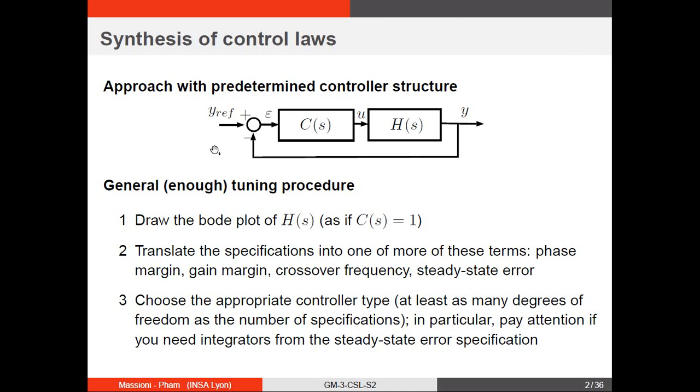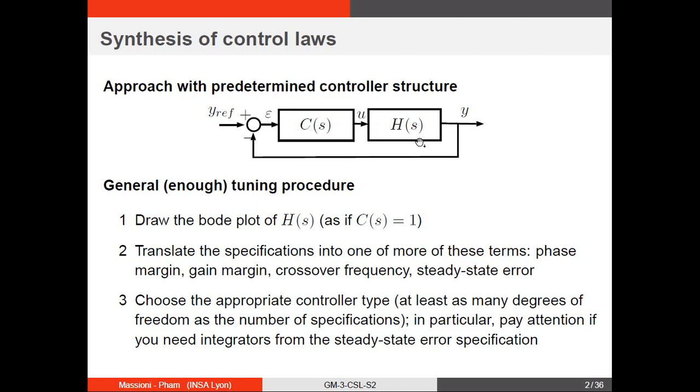And usually this "as best as possible" is quantified in terms of a set of specifications. And these specifications, we have seen, can be translated into frequency domain specifications that can be coded into the Bode plot of the loop transfer function, which is in this case C times H. So what is the tuning procedure in this case? First, you draw the Bode plot of H, assuming C is 1.